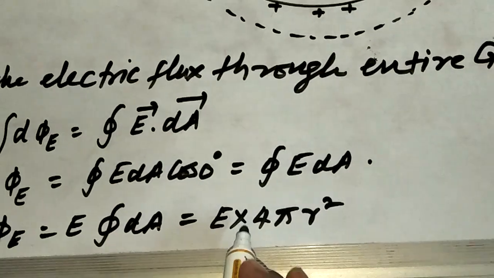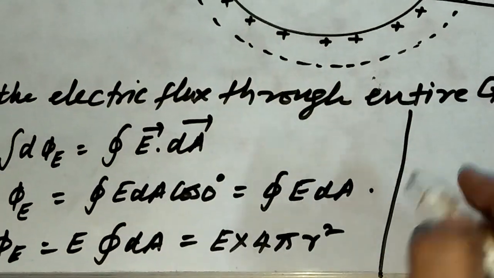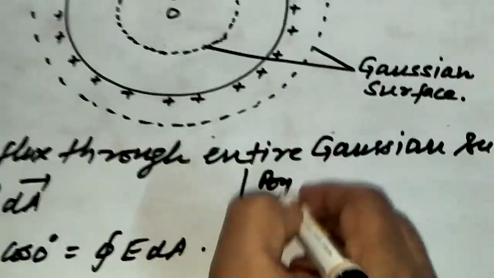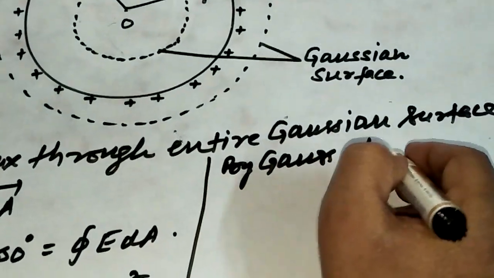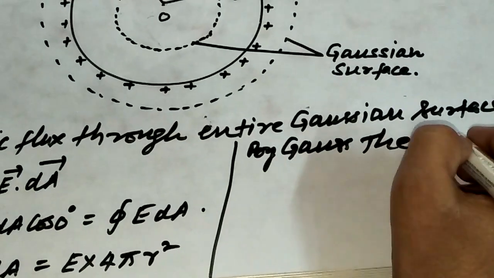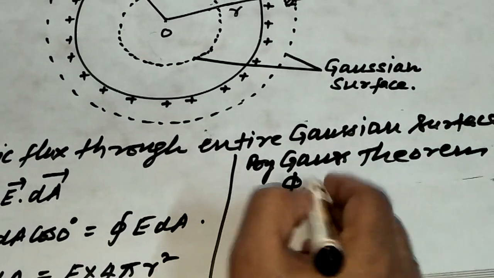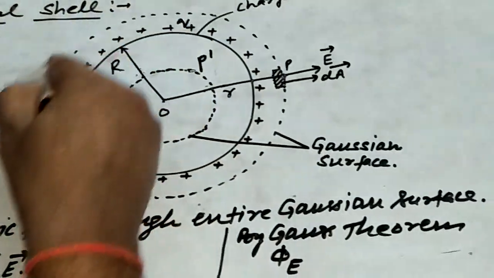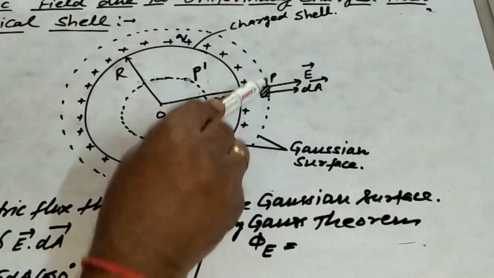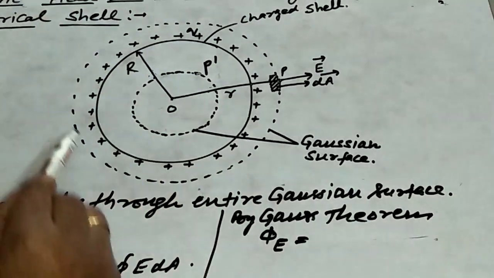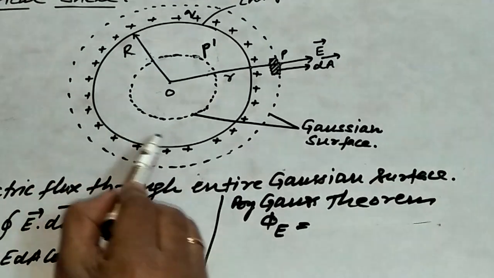So phi E is equal to E into 4 pi r square. But by Gauss theorem, phi E, the electric flux passing through this whole Gaussian surface, is equal to... now you look here, this outer Gaussian surface completely encloses the original spherical cell.